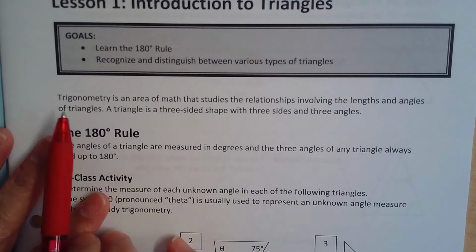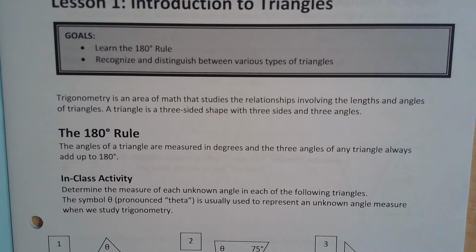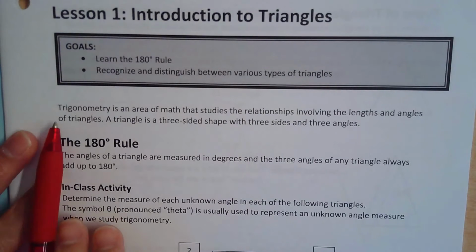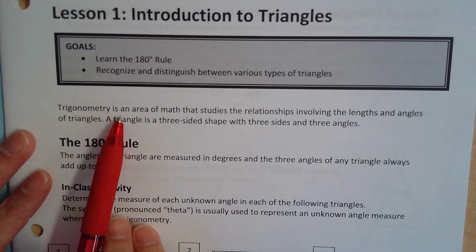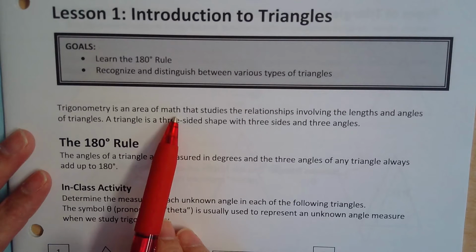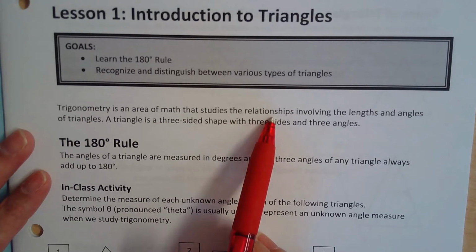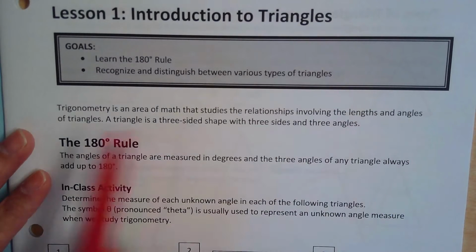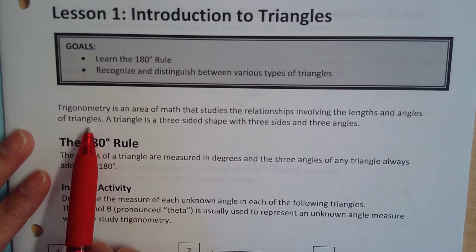Let's see here. It says, what is trigonometry? Trigonometry is an area of math that studies the relationship involving the lengths and angles of triangles.